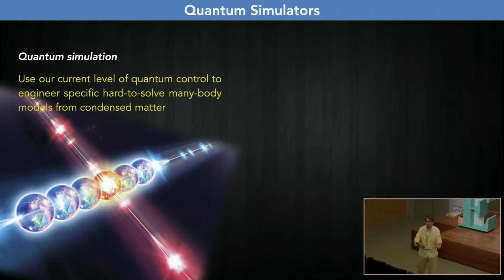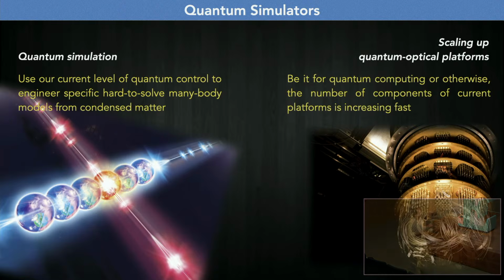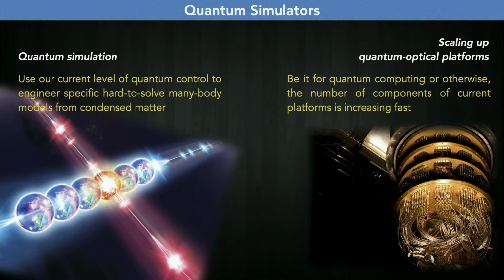And then try to observe in the lab how the system behaves and so on, okay? And this also came thanks to the idea that at some point it was clear that when quantum computers and all these ideas were feasible in the lab, people had to scale up the number of quantum optical elements that we had, okay?